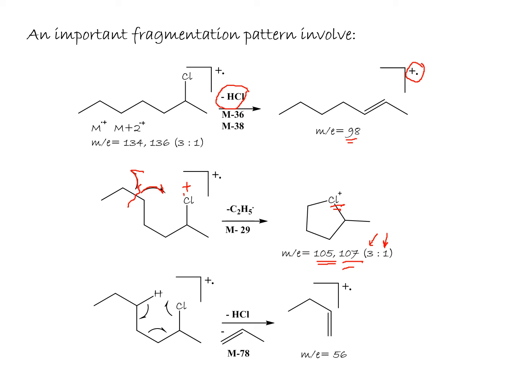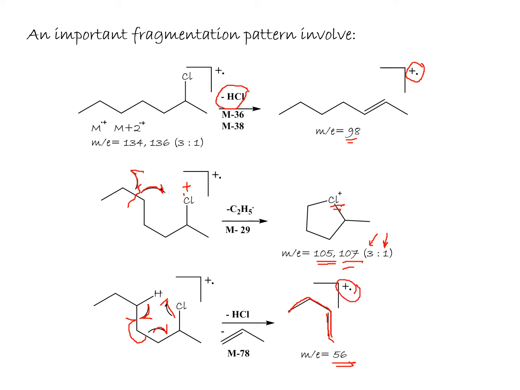Okay. We can also see a kind of McLafferty rearrangement. Cl will attack by H abstraction, forming a double bond, breaking the single bond. Then you will end up with a peak at 56, cation radical.